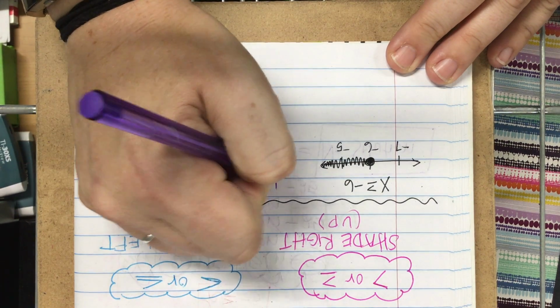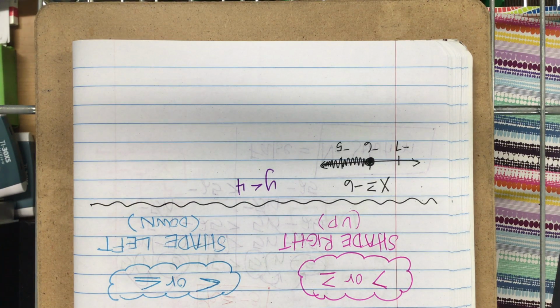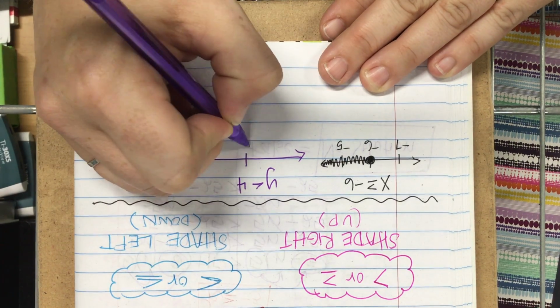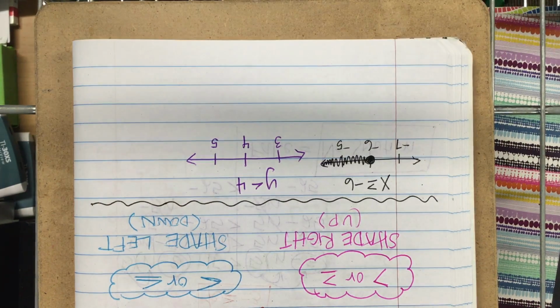If I had y is less than 4, really quickly I'm going to do 4, then I'll do 5, and I'll do 3. Again, your number lines are already created for you. Is this an open dot or a closed dot? Open. Why is it open? It cannot be equal to, so it cannot be 4.